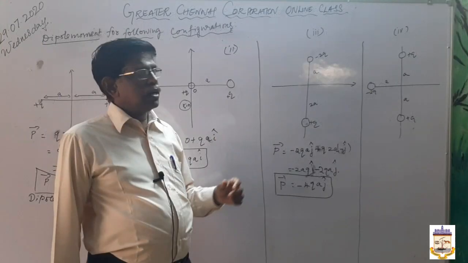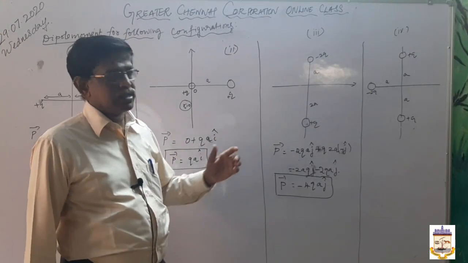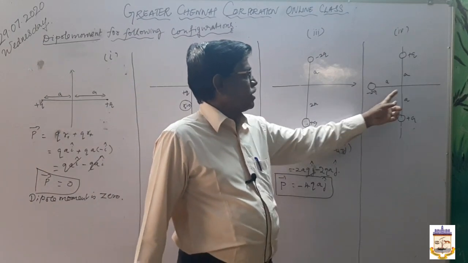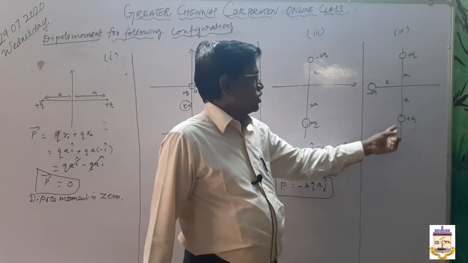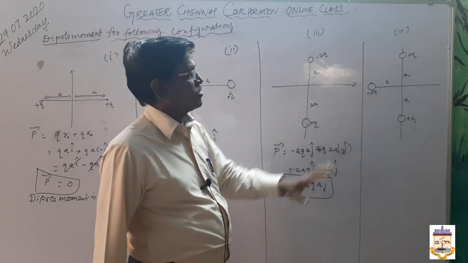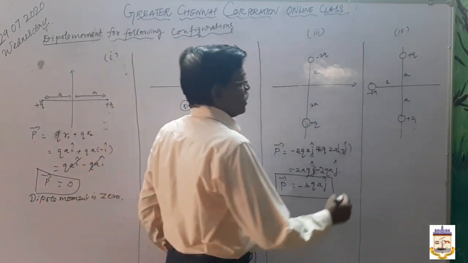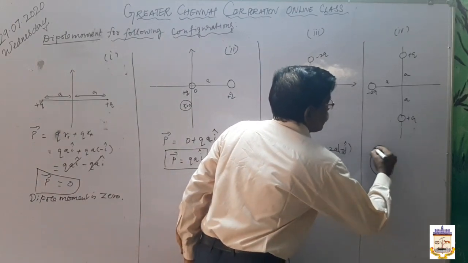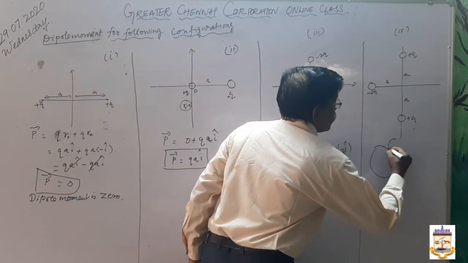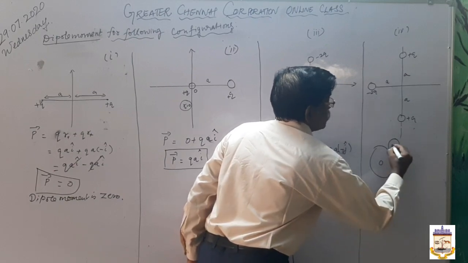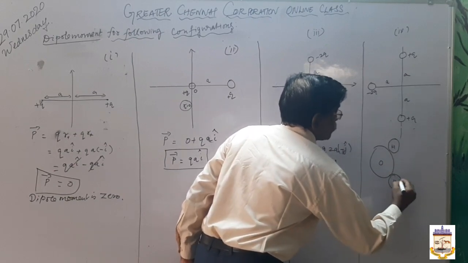Now, let us see the fourth example. Here minus 2q is kept along the x-axis, and on the y-axis plus q and plus q are kept at a distance a. This is a very common example. This is nothing but the water molecule. This is oxygen, this is hydrogen.